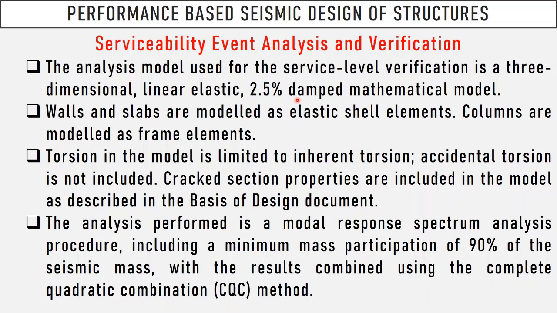One of the wrong applications is that since code spectra are 5% spectra, engineers use them directly from the codes and do not change the damping. And of course, 5% damping and 2.5% damping are quite different. That's why in the beginning they make a critical mistake.